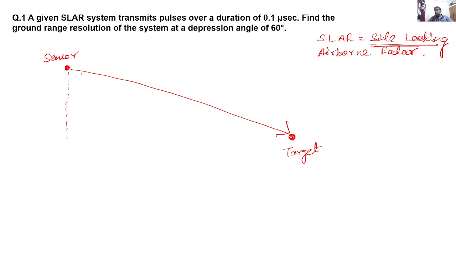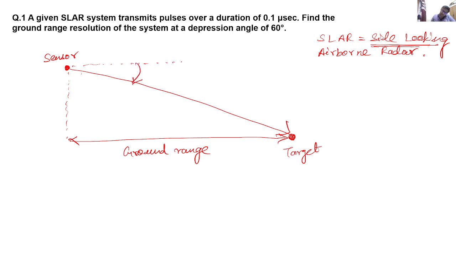The sensor sends a signal to the target and then receives it back, in case it is an active kind of microwave sensor, as we know very well. So this is something known as the ground range. If you take a direction parallel to the horizontal, then this angle would be known as the depression angle. And this is what the question has stated to be 60 degrees.